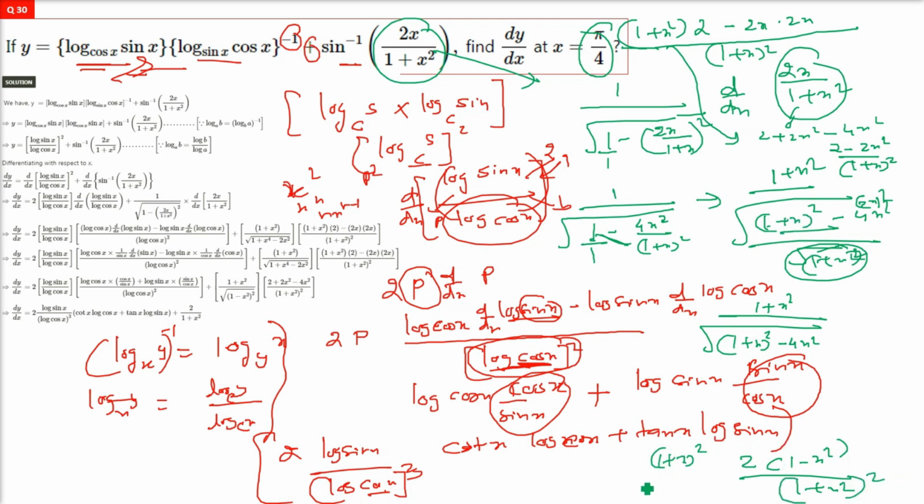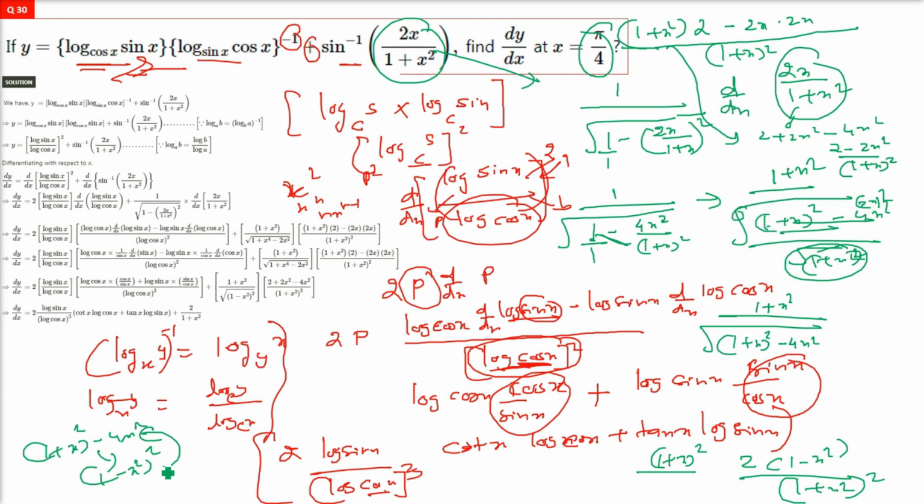See, this is all (1 + x²), and you can just change it, right? So under root, when you solve it, (1 + x²)² − 4x² is nothing but (1 − x²)².